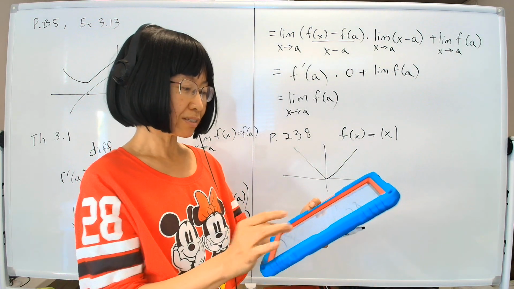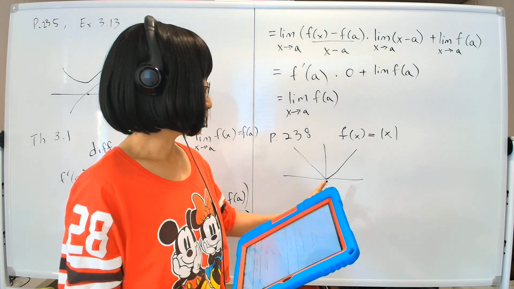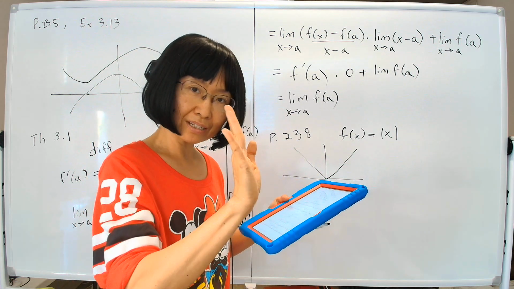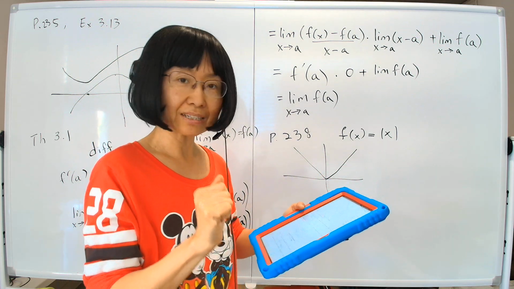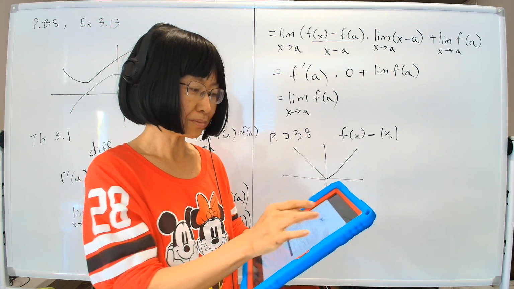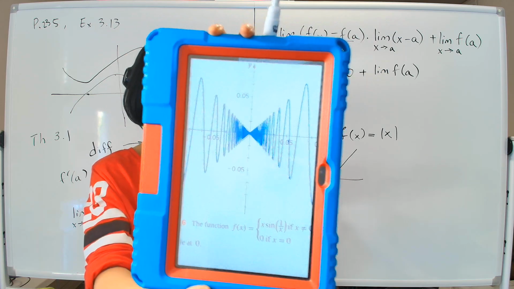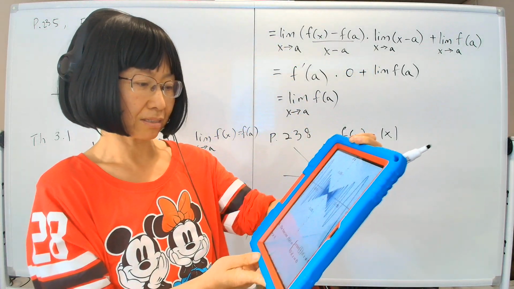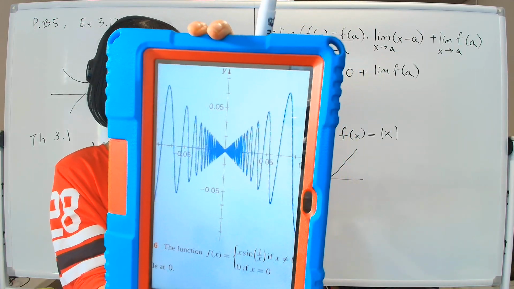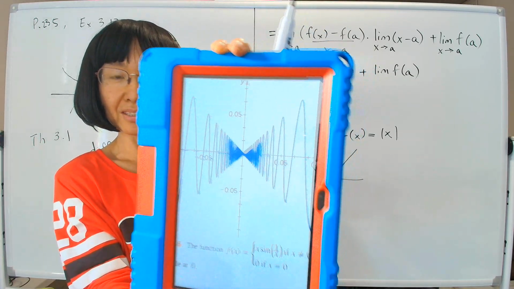Now for a third example of something that isn't differentiable. So far we have mentioned that if there's a sharp point, it's not differentiable. If the slope goes to infinity briefly, that's also not differentiable. But there's a third option where stuff is wiggling too much. See this function? It has something to do with x times sine of 1 over x. But it's designed such that the graph just wiggles and then gets smaller and smaller and converges at 0.